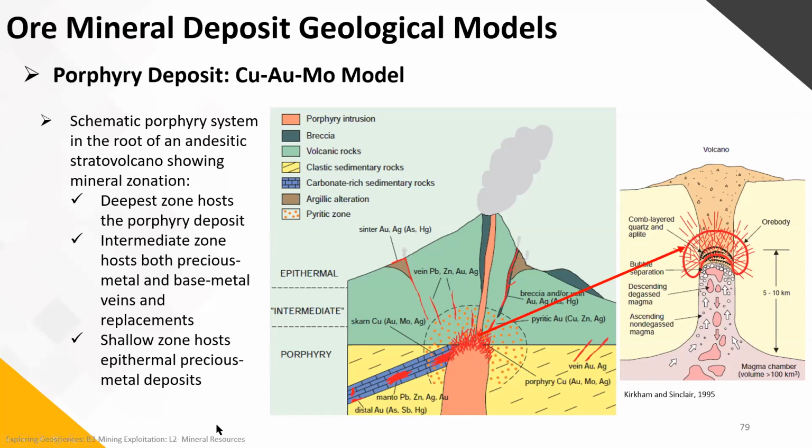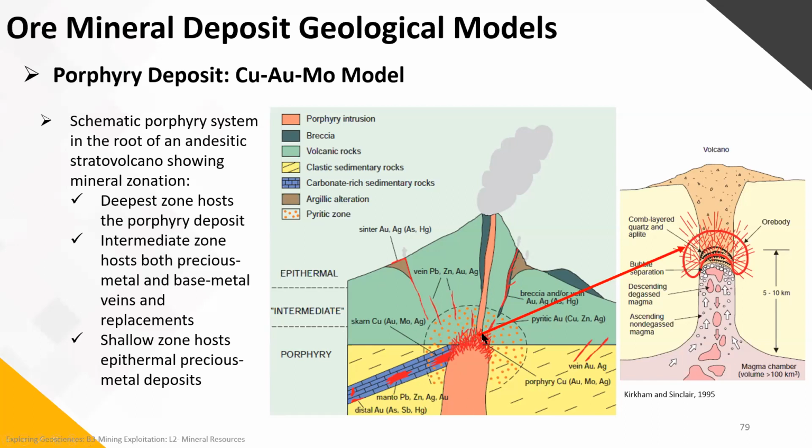So this is a schematic porphyry system showing that in the root of an andesitic stratovolcano, it has mineral zonation. The deepest zone hosts the porphyry deposits, as we see here. The intermediate zone will host both precious metal and base metal veins and replacements, as we've seen right away.